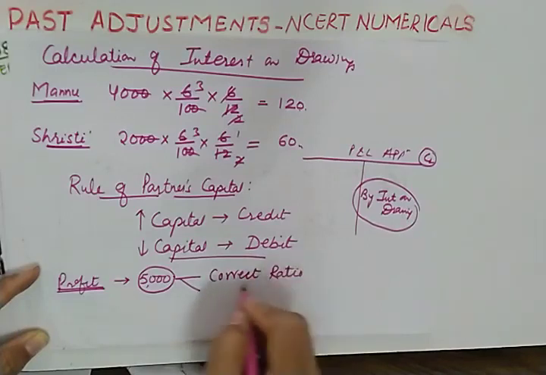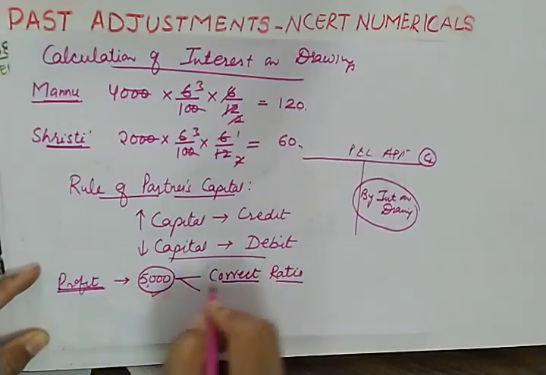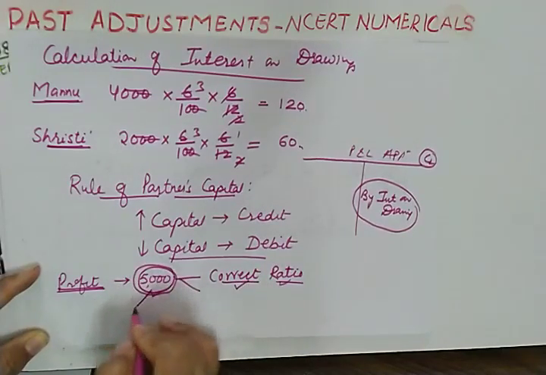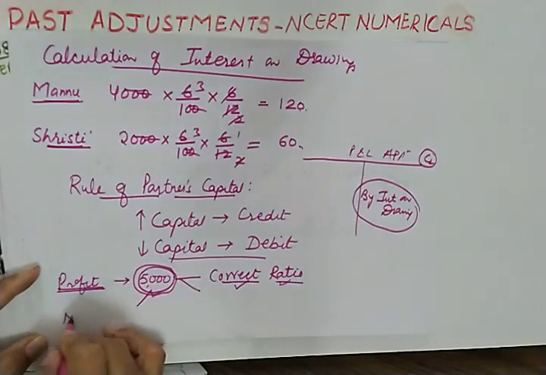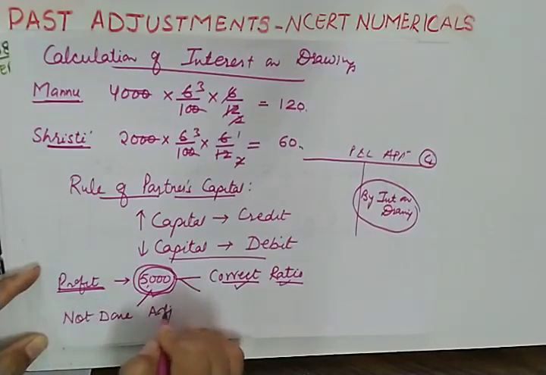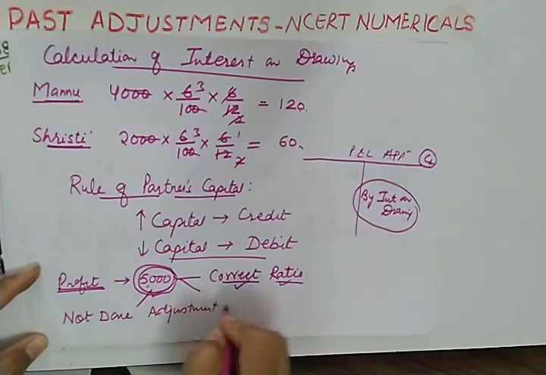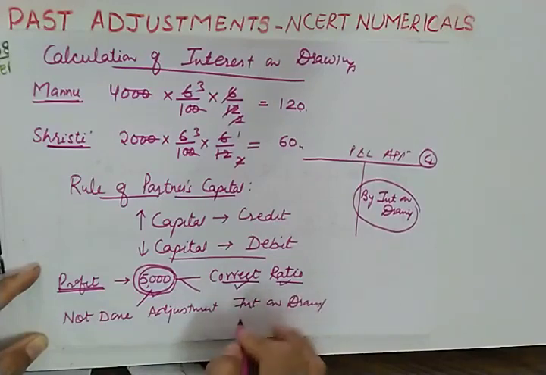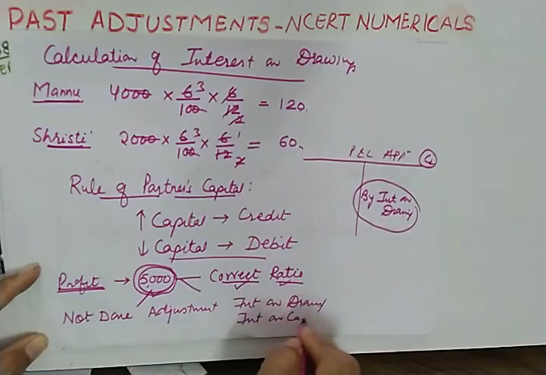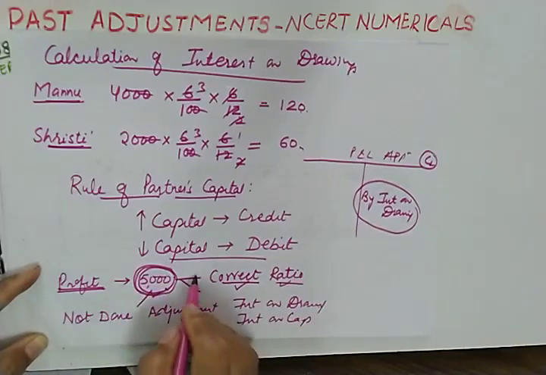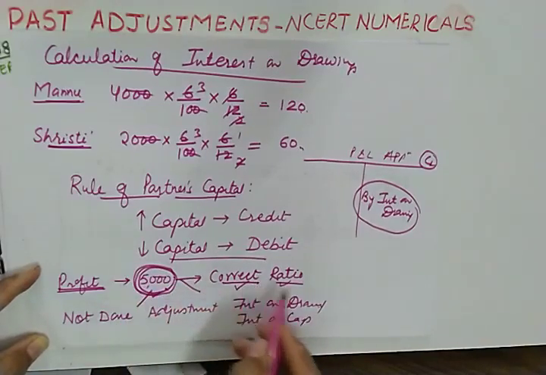If net profit is distributed in the correct ratio, though the profit is wrong, because we have not done adjustment of interest on drawing and interest on capital, you don't have to take it back from the partners.